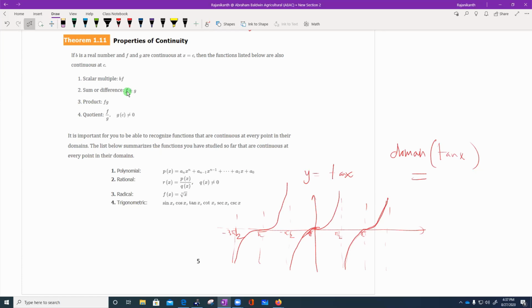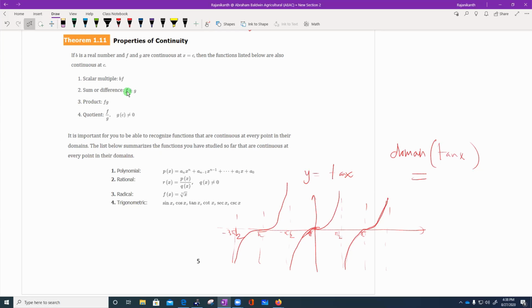What do you mean by domain? The domain of a function is nothing but the points where the function is defined.